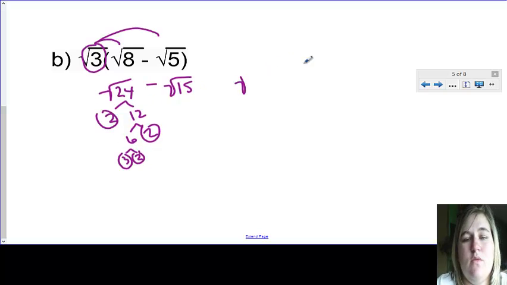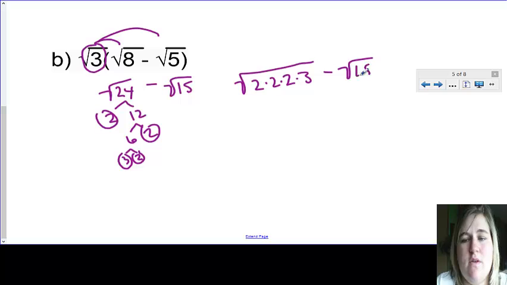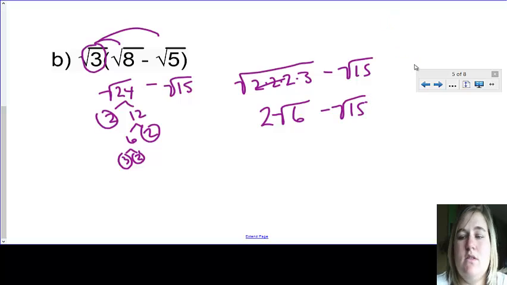That gets me radical 2 times 2 times 2 times 3 minus radical 15, because if I factor tree this, it's going to be 3 times 5, so I can't simplify it. I have double 2's that can come out, so I have a 2 radical 2 times 3 is 6 minus radical 15. That is my final answer.